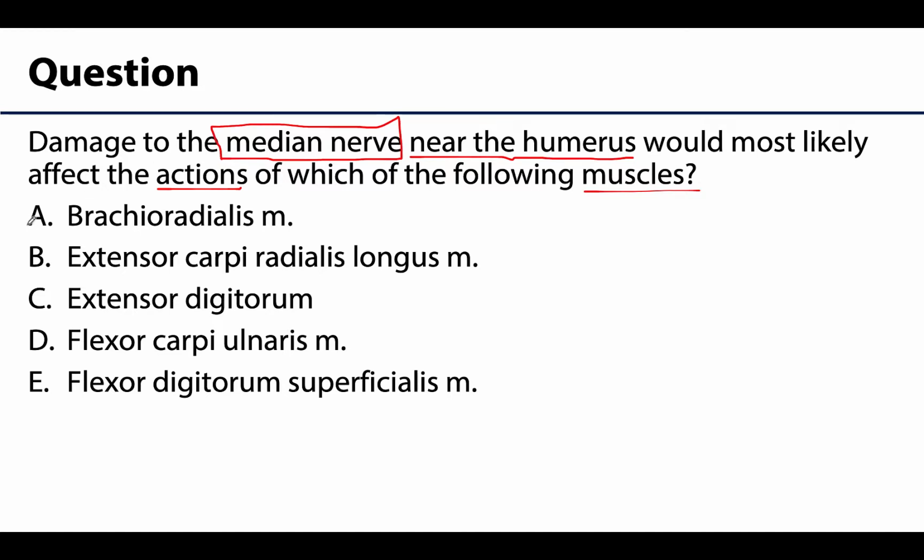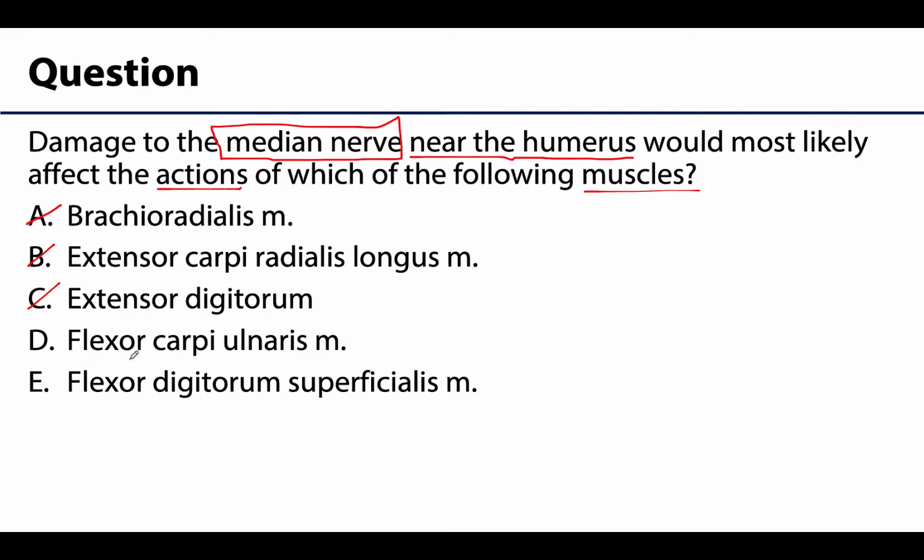Brachioradialis you can see on the anterior portion of the forearm, but it's not part of the anterior compartment, and it is that kind of oddity in the fact that it is innervated by the radial nerve, so no. Both extensors, if you think extending, think posterior compartment, so these are both out as well. So that leaves us with these two flexor muscles. Flexor muscles we know are part of that anterior compartment.